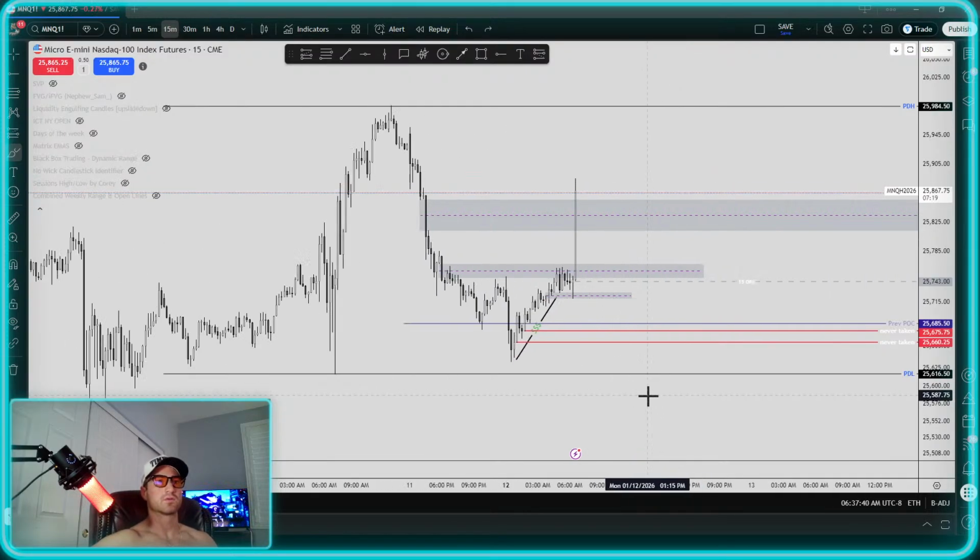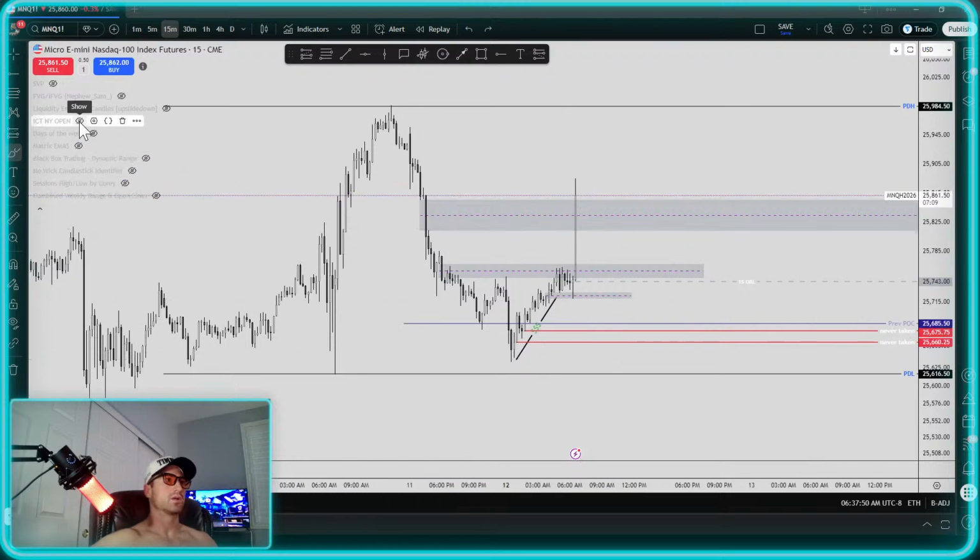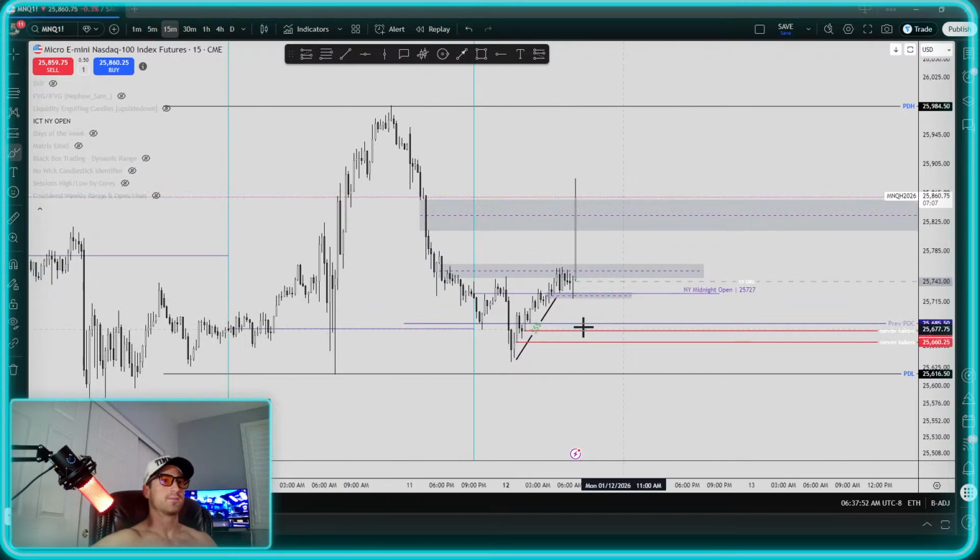I look for key levels, like point of control, which has already been engaged. Previous day's point of control, which has already been engaged. We have midnight price. Let's take a look at midnight. Yeah, we shot right off of midnight, which is where that gap was. So key levels have already been engaged.